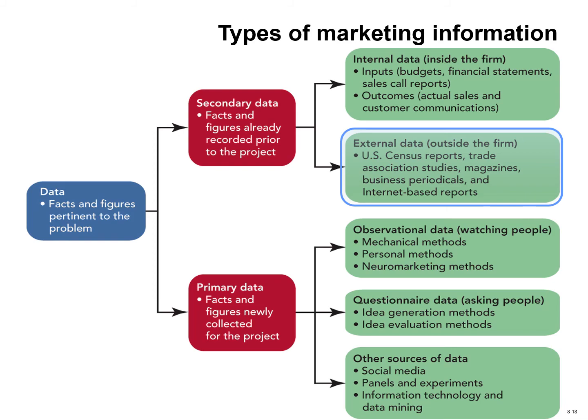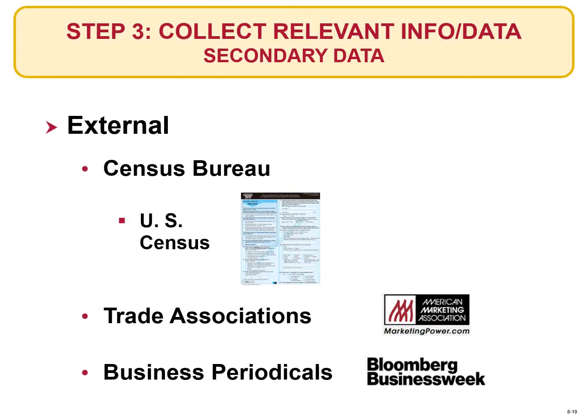For example, we have the US Census Bureau. We have those reports available online. You can anytime go in there, take that information and use it for your own research. Then we have trade associations, for example, the American Marketing Association is one, which publishes different papers, different articles.